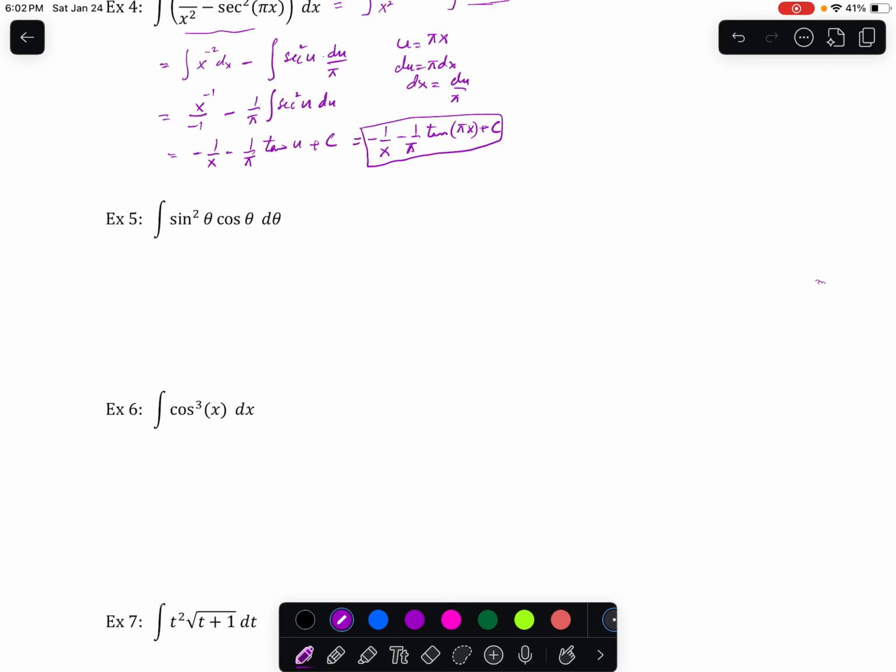So next, example number 5: integrate sine square theta cosine theta d theta. Note here, I have changed the variable. Instead of x, I'm using theta, but we have to make sure that over here we have d theta, because that is the variable with respect to which we are integrating.